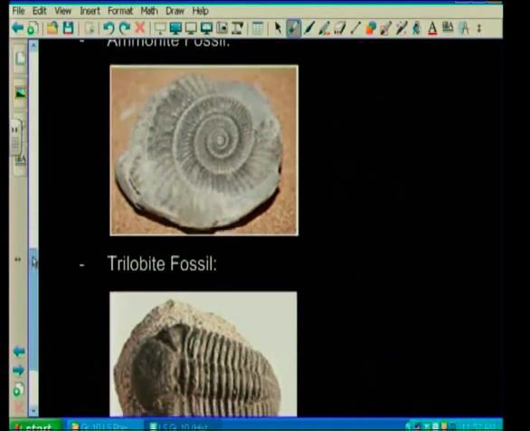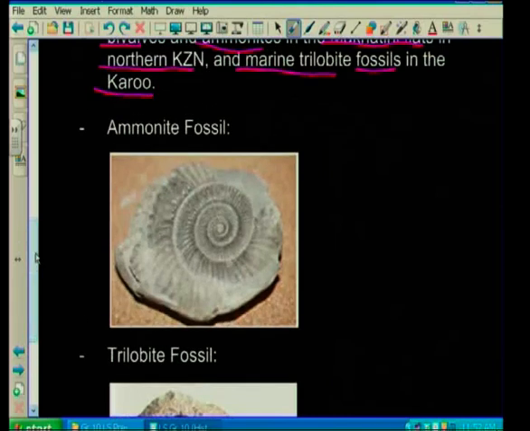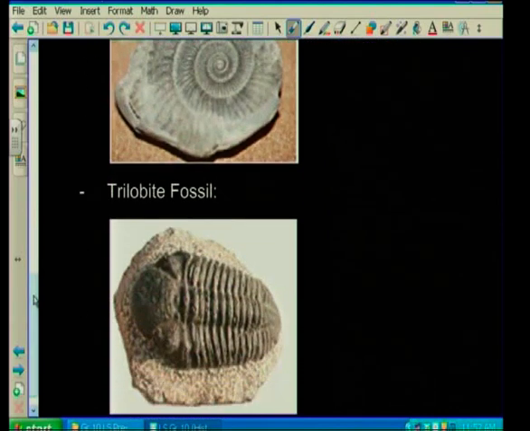Let us now look at an example of an ammonite fossil. Here is an ammonite fossil. You can actually see the shell, which is hardened or petrified with calcium carbonate. And here is a trilobite fossil, and this is actually the imprint.